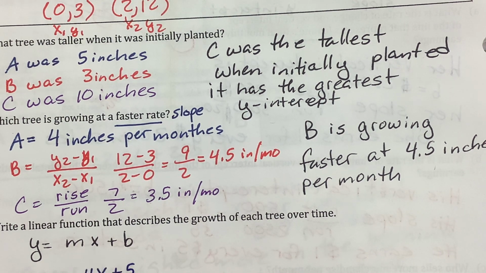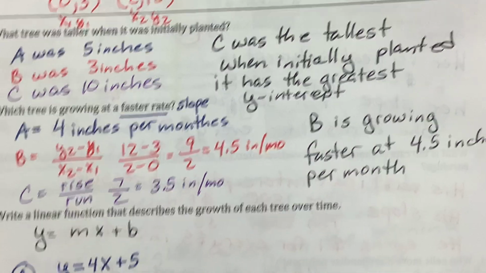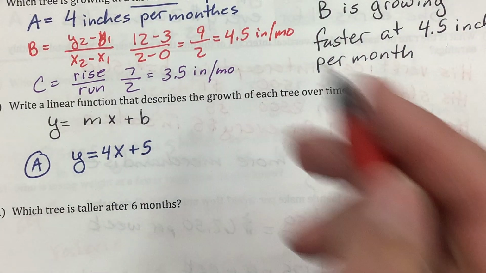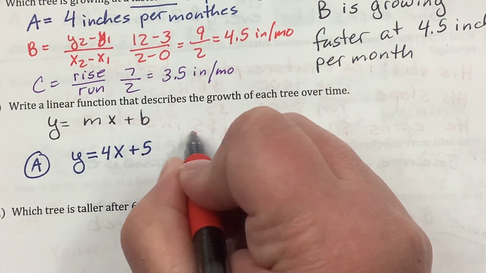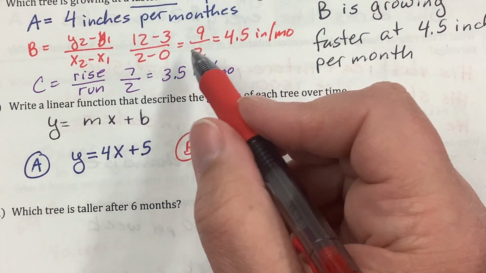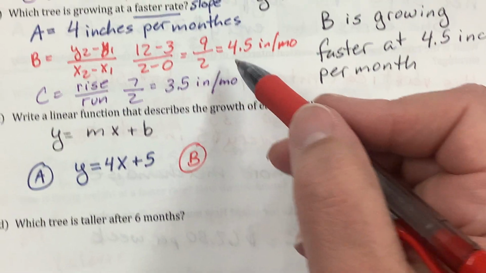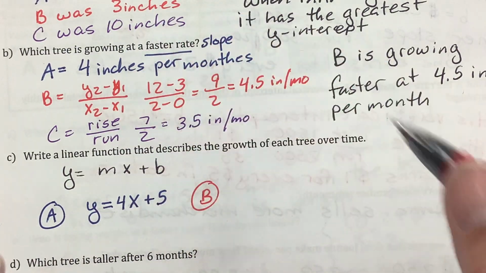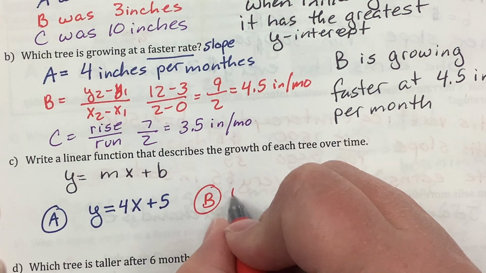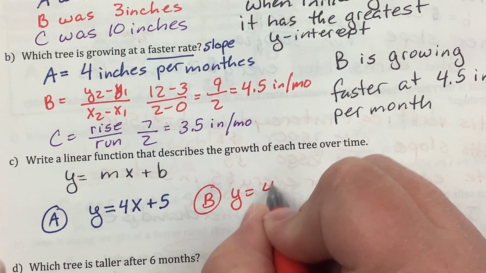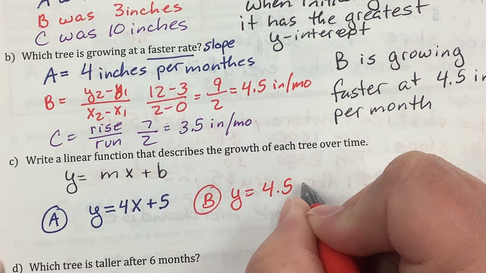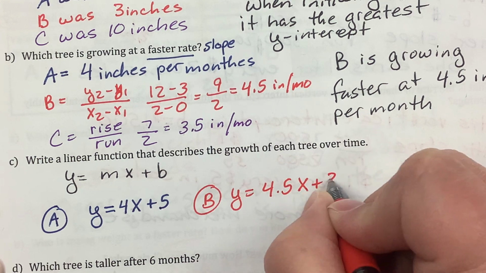Don't forget you have to put the x there. B has a slope of 4.5, and it was 3 inches, so B is going to be y equals 4.5x plus 3.